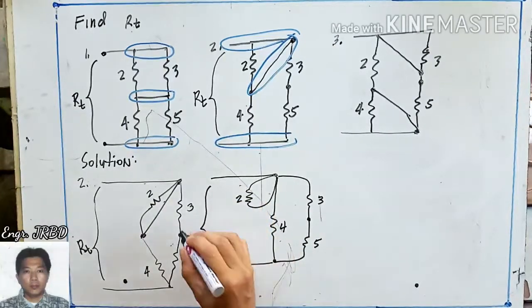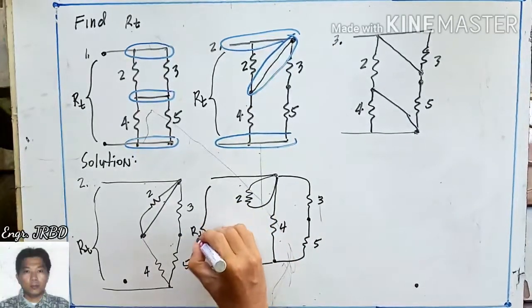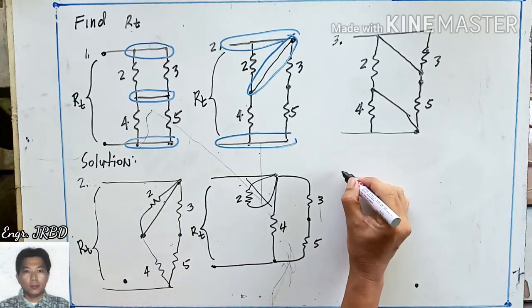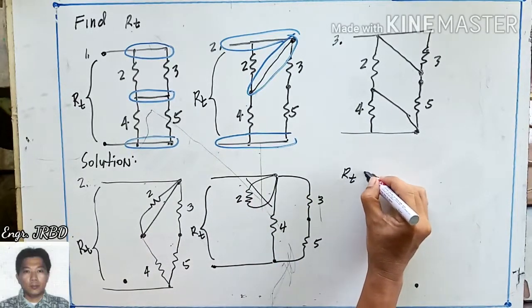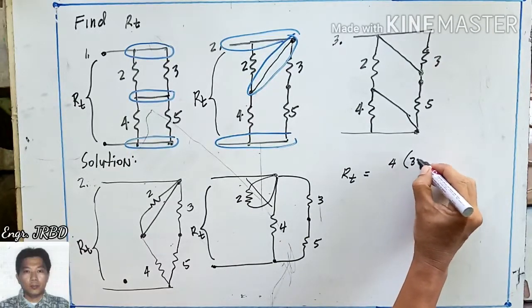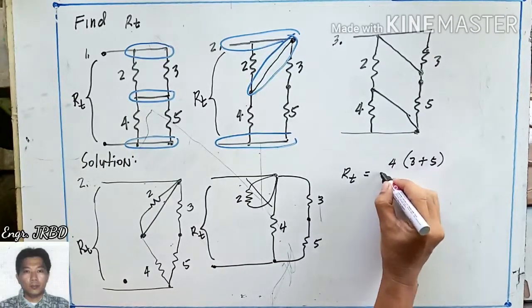And this is your total resistance. This time, your 2 ohms will be put out of the question, and the total resistance is just the parallel combination of 4 ohms and the series combination of 3 and 5.